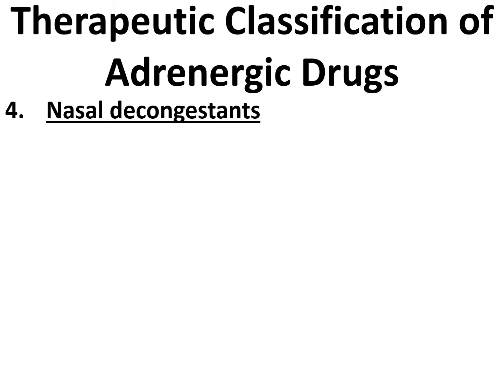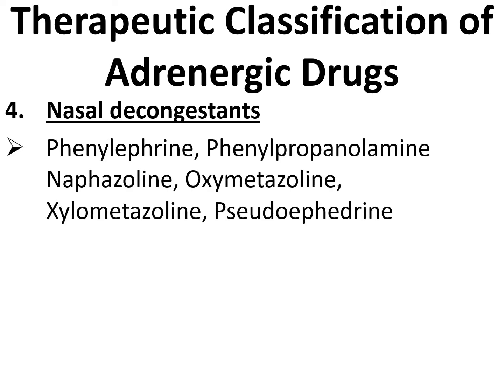Now the next one is nasal decongestants, because there are alpha receptors on the capillaries of the nasal glands, and stimulation of these may cause excessive secretion and excessive nasal congestion. Nasal decongestants are basically drugs whose vasoconstriction, produced by the alpha agonists, reduces the secretion of the nasal glands.